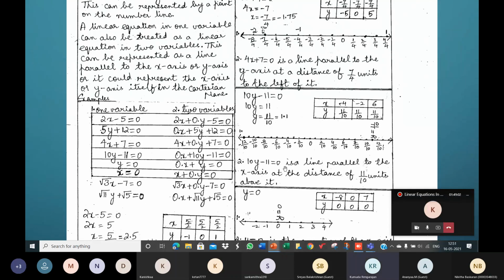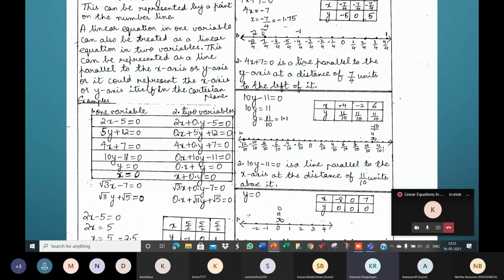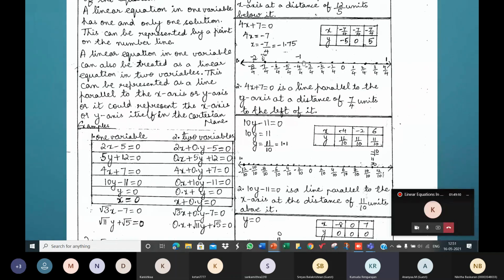No children, I'll change my mind. Let's plot it now in the class. Let's make it fast. I'm not saying anything much because this is in one variable x and this is for two variables x and y. You can see it here. X is minus 7/4, meaning x will always be minus 7/4 for any value of y.